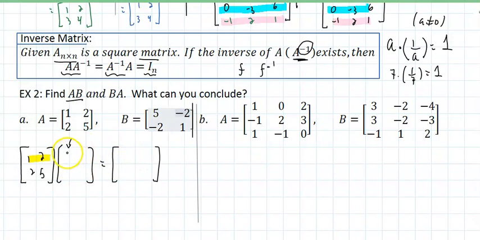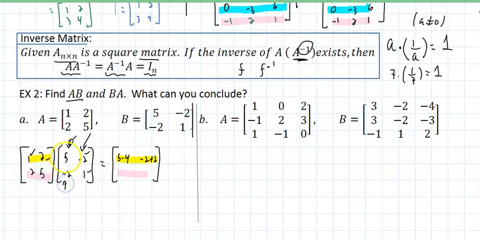So again, this is really 5, negative 2, negative 2, 1. So if I multiply by the first, 5 minus 4, and if I multiply by the second to generate the first, that would be 1 times negative 2 plus 2 times 1. To generate the second row, I use the second row.